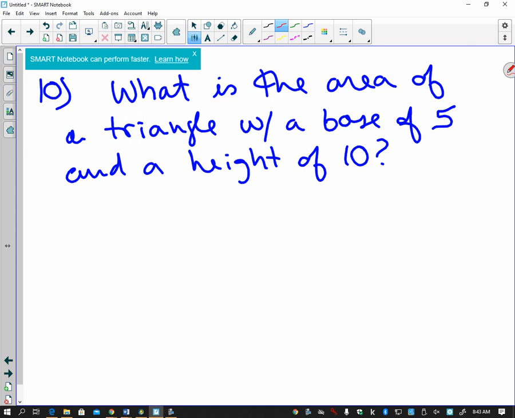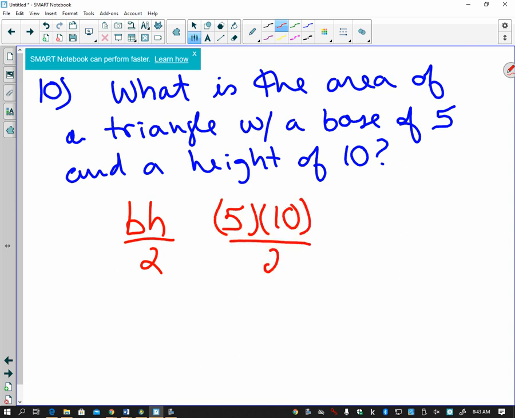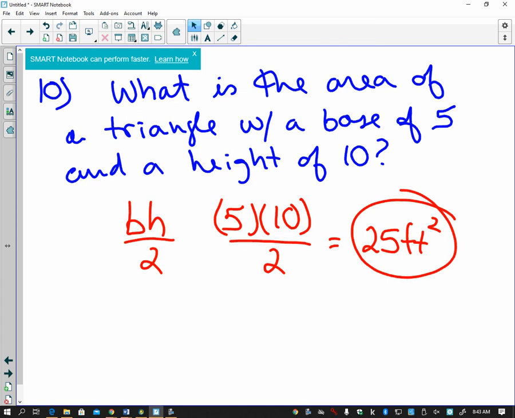So I need to know the area of a triangle formula. What's the formula? Base times height divided by 2. What's the base? 5. What's the height? 10. It's 5 times 10, 50 divided by 2, 25. And in this question, it'll be feet squared. Easy?